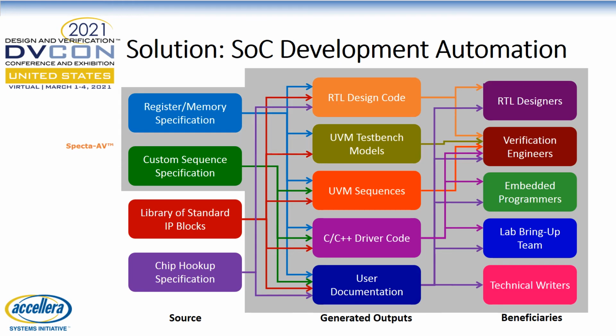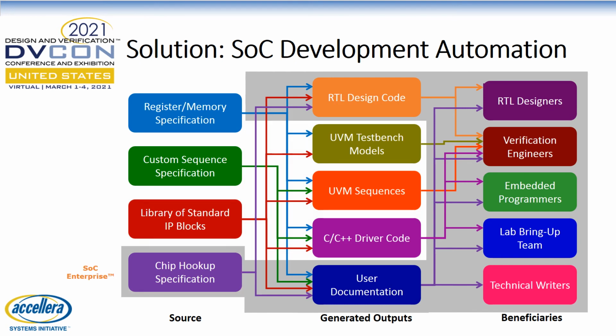The top-level SoC verification test bench is provided by Specta AV. SlipG is the Agnisys library of standard IP blocks, again, generating all the appropriate models and documentation. And finally, SoC Enterprise supports a chip hookup specification that allows the generation of the top-level RTL for the chip and the end-user documentation.